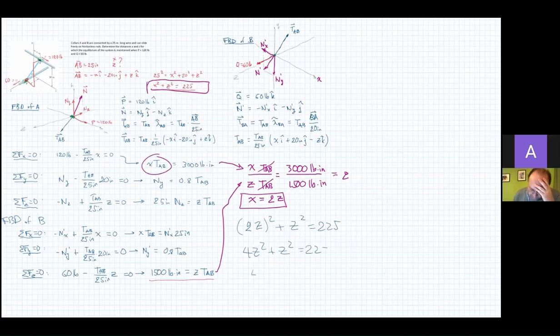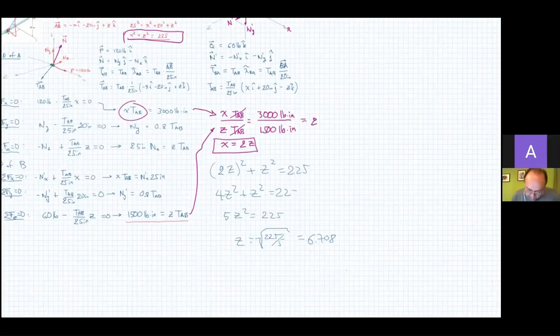So 4z squared plus z squared equals 225, so 5z squared equals 225. So z equals the square root of 225 over 5, which is 6.708.